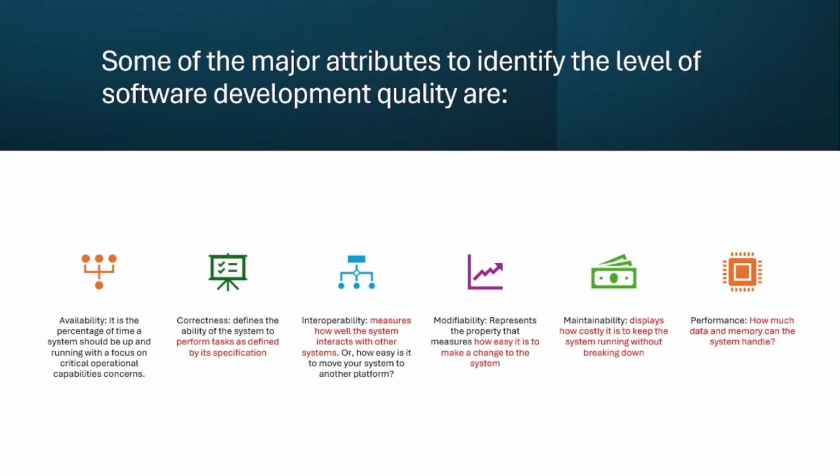For the next slide, we have some of the major attributes to identify the level of software development quality. And they are availability, which is the percentage of time a system should be up. We have correctness, which defines the ability of the system to perform the tasks as defined by its specifications. And then we have interoperability, which measures how well the system interacts with other systems, and how easy it is to move to other platforms.